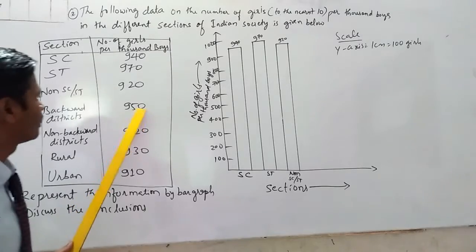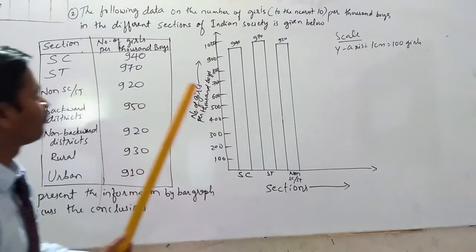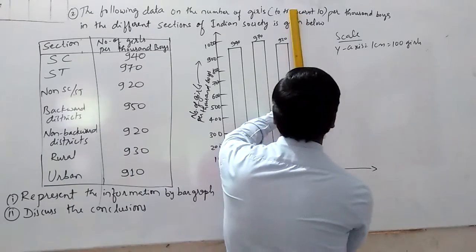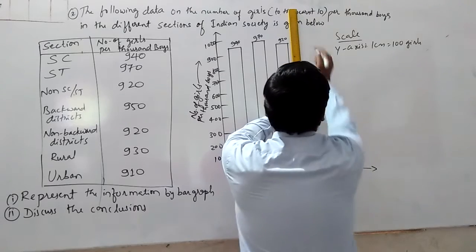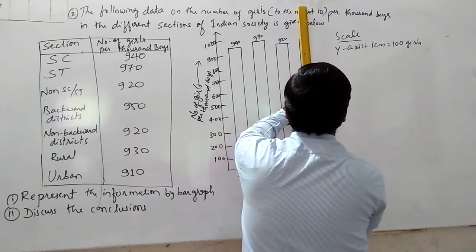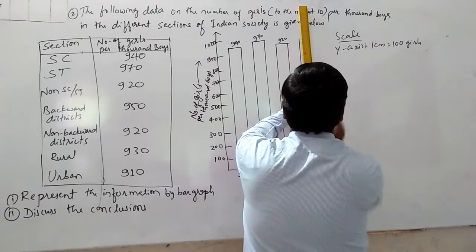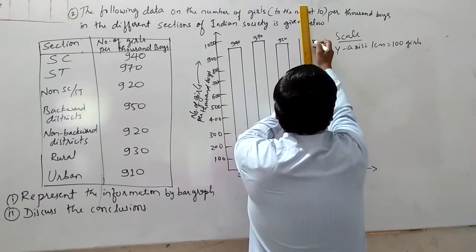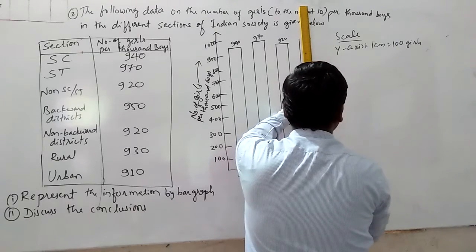The number of girls in backward districts is 950. This is a little important one. Draw this bar.